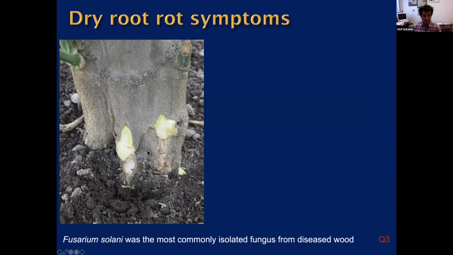Sometimes without making this kind of cut or peeling, when you look at the soil level, you may not even notice the dry root rot symptom. But what you can also notice is some sunken areas at the soil level. That is also an indication that there might be something going on.